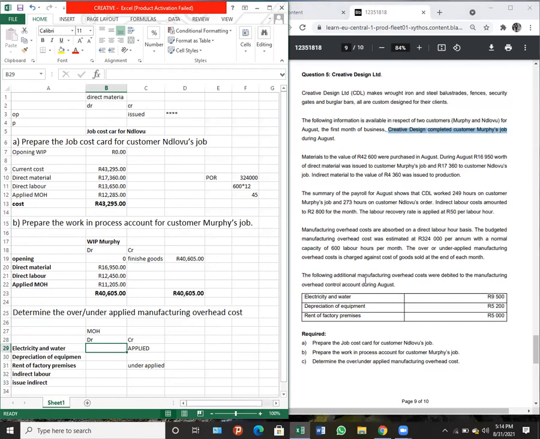The following additional information: overhead costs were debited to the manufacturing overhead control during August. This is your overhead control, guys. This one is the overhead control account. This and this and this is debited, copy and paste.